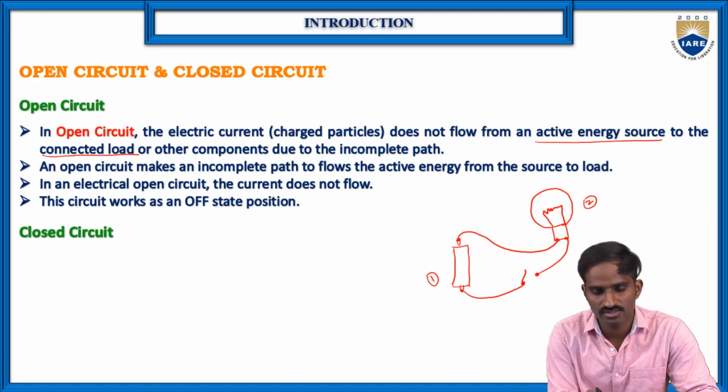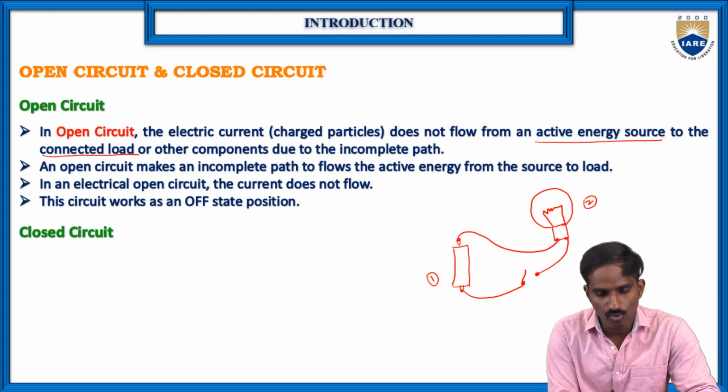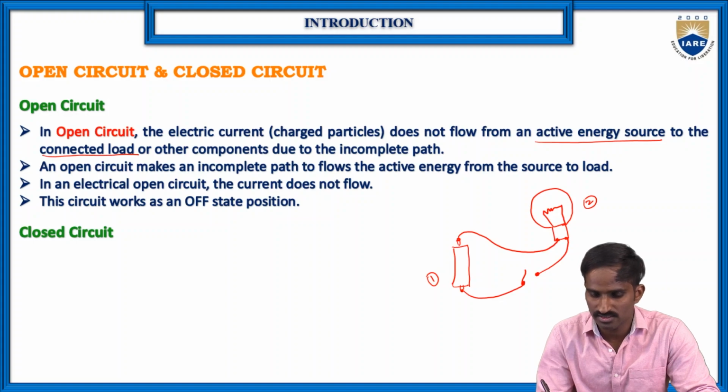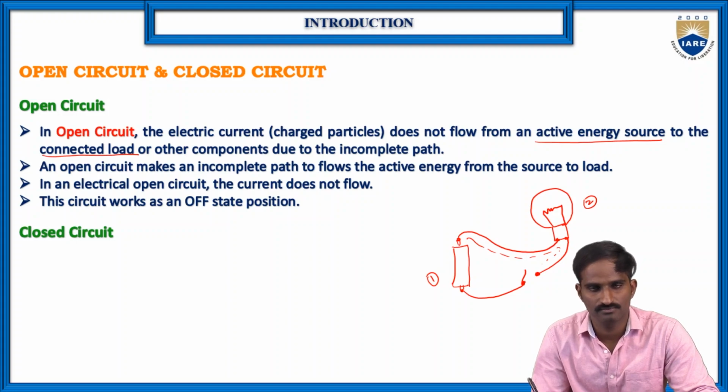According to this, electric current does not flow from the active energy source to the load, which means from the battery to the bulb, due to the incomplete path, because here the path has been broken. An open circuit makes an incomplete path for the active energy to flow from the source to the load. The path has been broken here by using this switch.